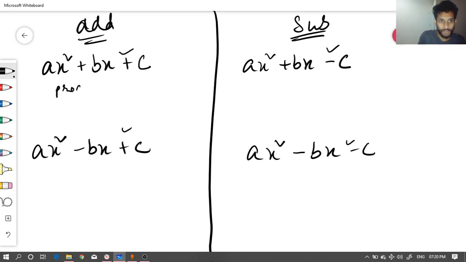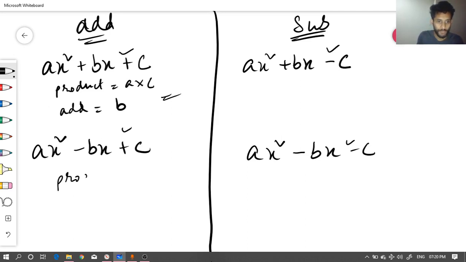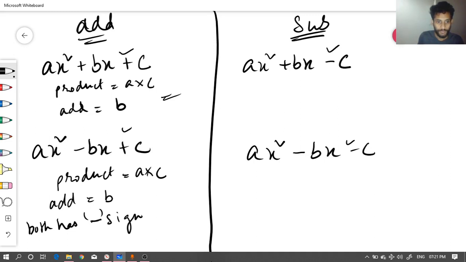Now this is the simplest of it. Product is equal to a into c and addition is equal to b. This is the simplest of it. Again, product is equal to a into c and addition is equal to b, but in this case both have minus sign.